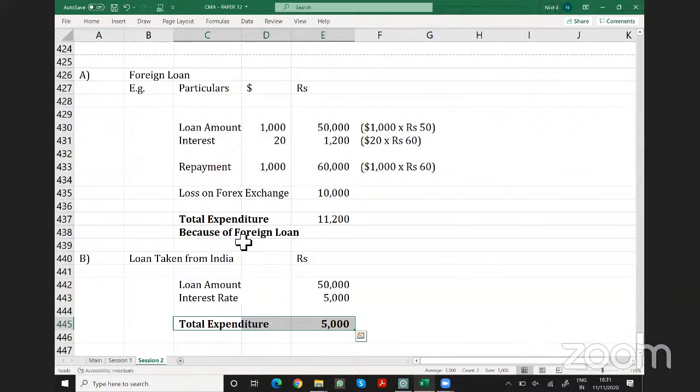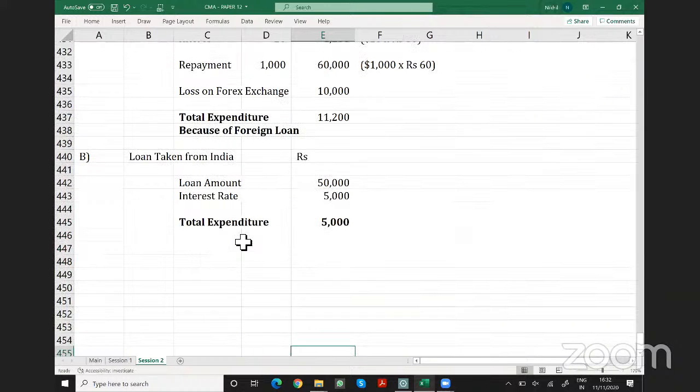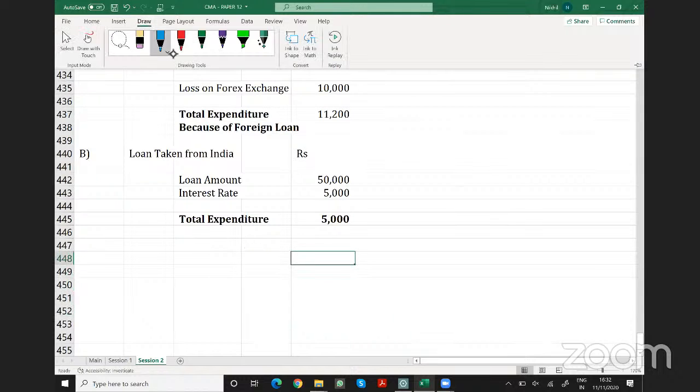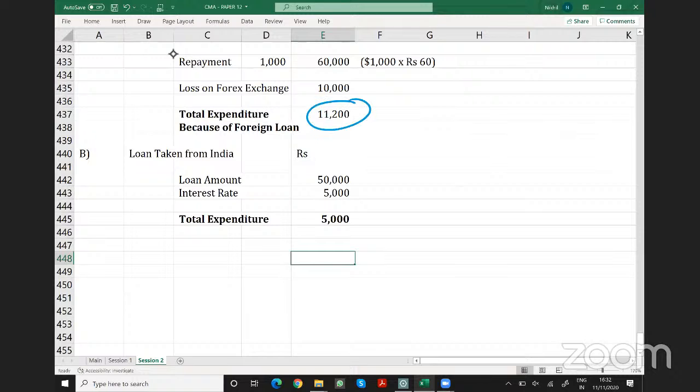But if you're taking your loan in foreign currency, your total expenditure is your interest cost as well as your foreign exchange difference. So my total expenditure is 11,200. As per Accounting Standard 16, they bifurcate this 11,200 into two parts.